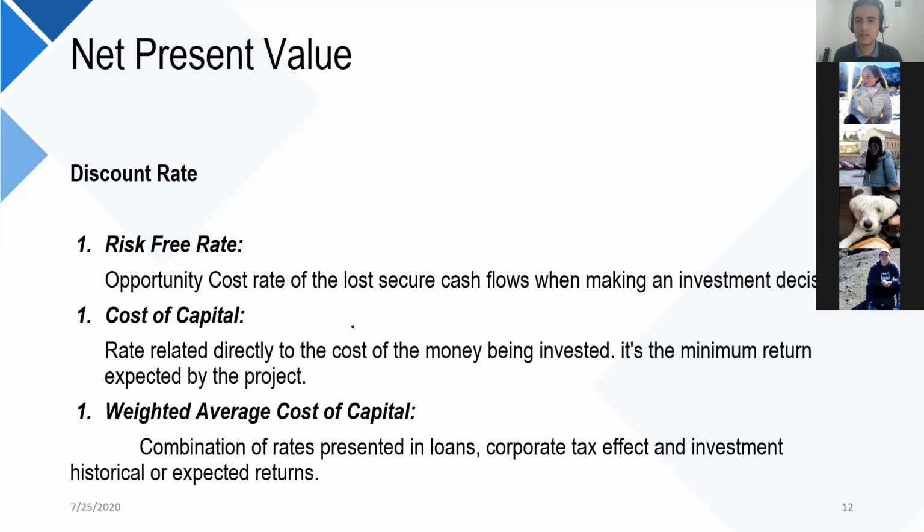But when you are doing net present value and analyzing two different projects, what you do need is different rates according to the need of the analysis that you have. So these are the three most commonly used discount rates. The first one is the risk-free rate, and the risk-free rate is actually an opportunity cost rate.